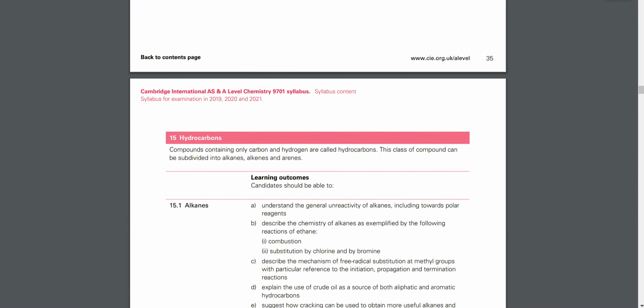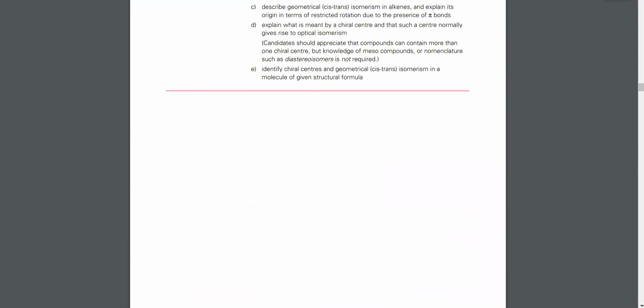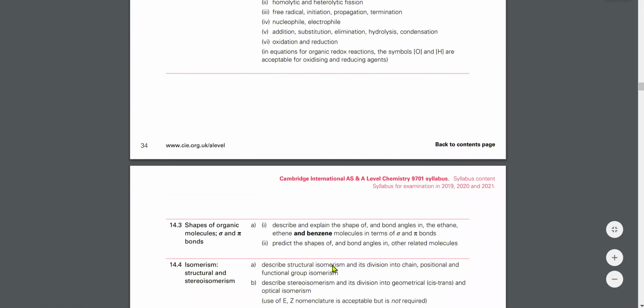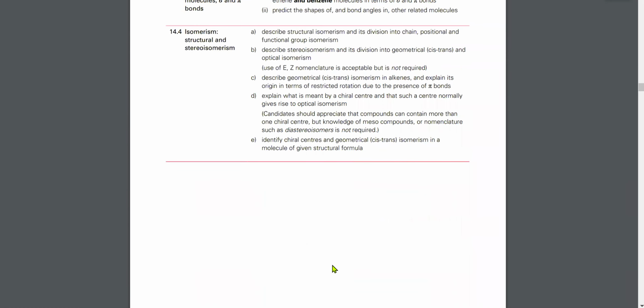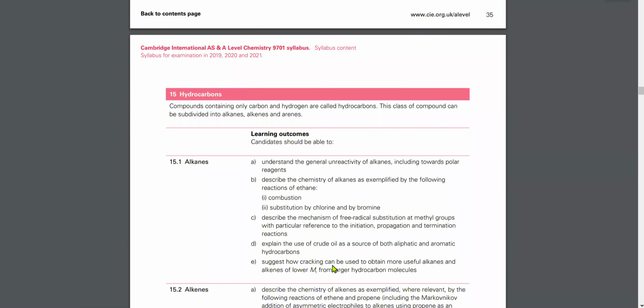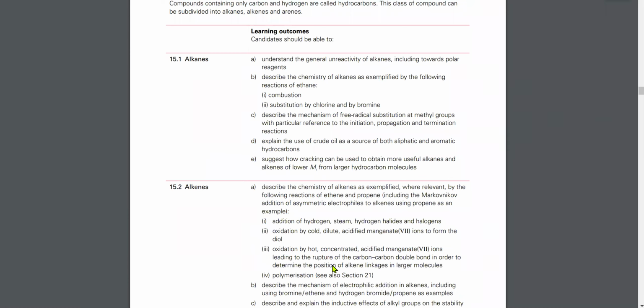Remember, the dark ones are the ones that are in A2. So we did isomers, sigma and pi bonds, alkanes and cracking. We're done. The fractional distillation of crude oil, we can do that later.